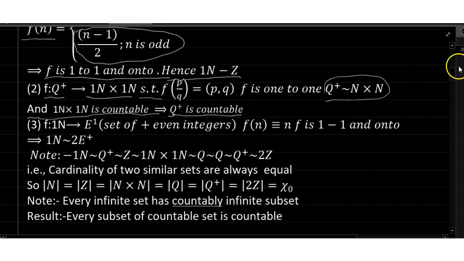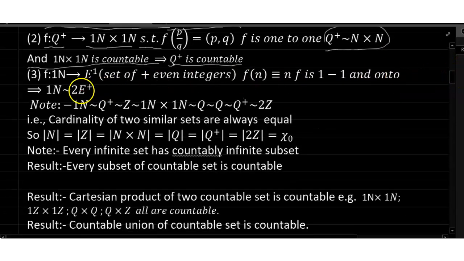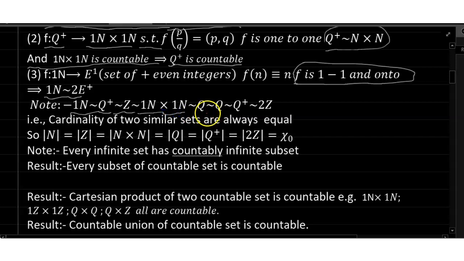This is one example. Another example: f from N to E, the set of positive even integers, such that f(n) is equal to 2n; f is one-one and onto. So N is similar to E, N is similar to Q plus, and Z, N cross N, Q plus and 2Z are similar. So the cardinality of two similar sets is always equal.